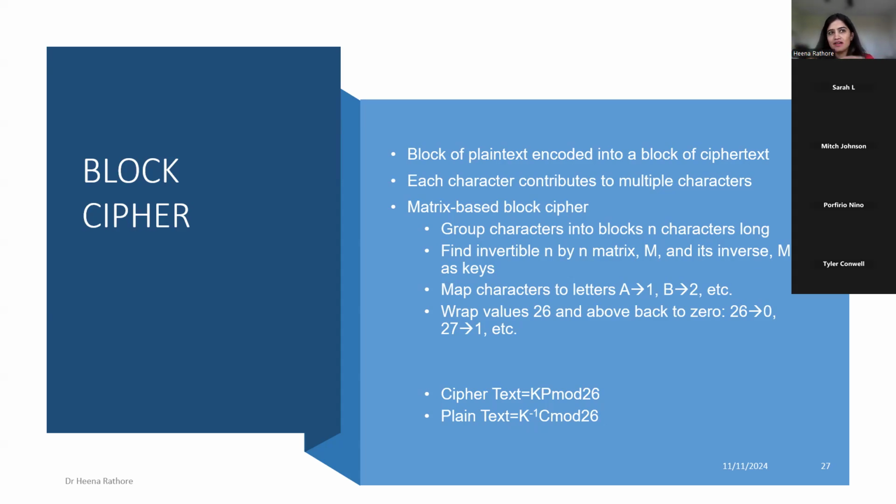It was all addition and subtraction. However, in this block cipher technique, the only difference is that you multiply your key times the plain text and mod 26, and it's a block cipher technique because you take two alphabets together.